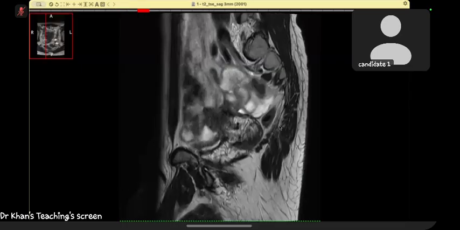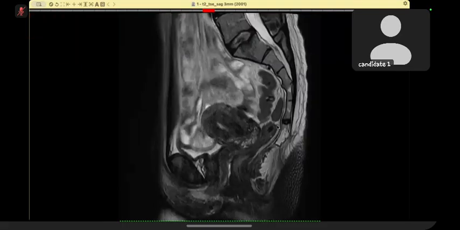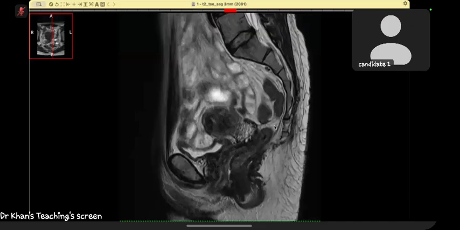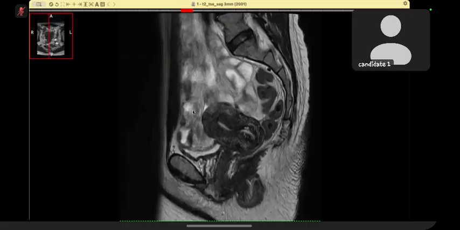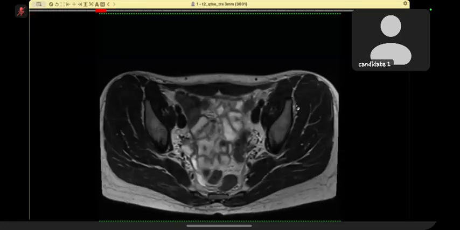Just looking at the spine, spine appears to be normal. Can I have an axial section for better characterization of the uterus? Scrolling through the axial section.